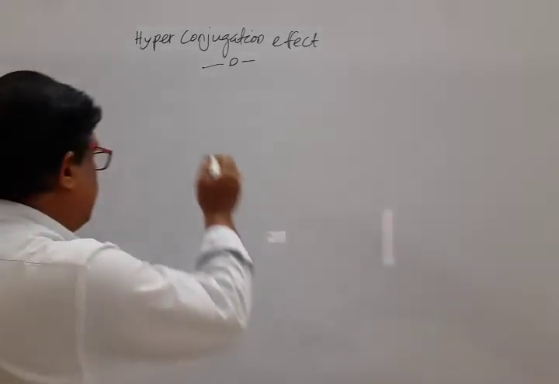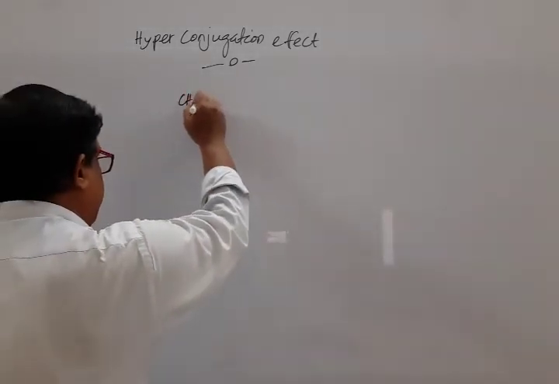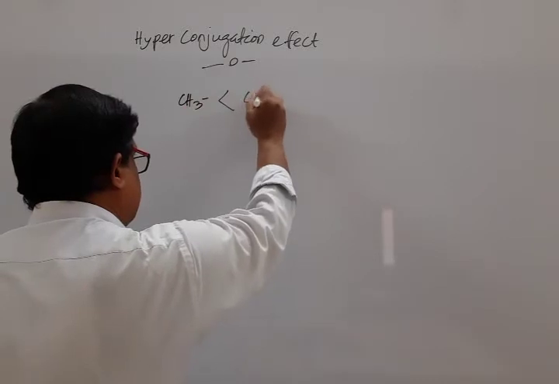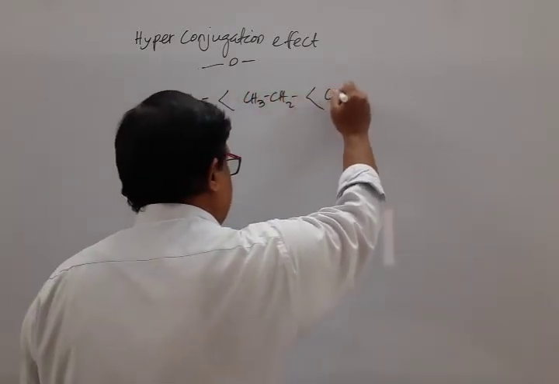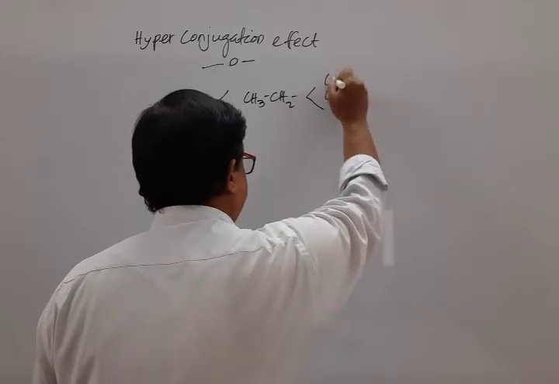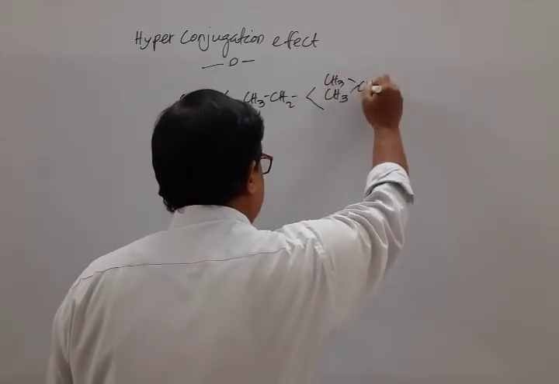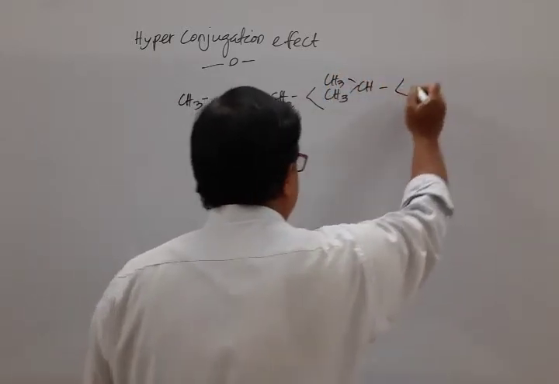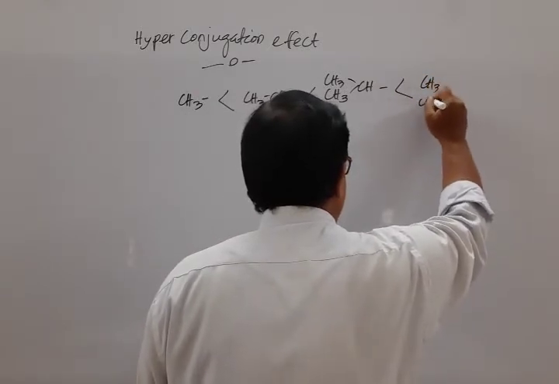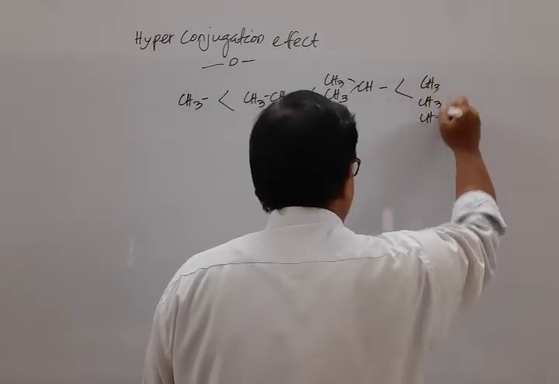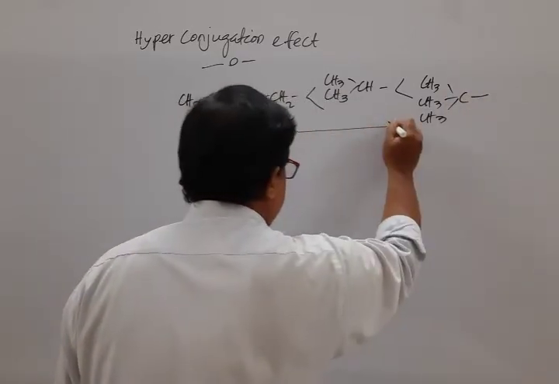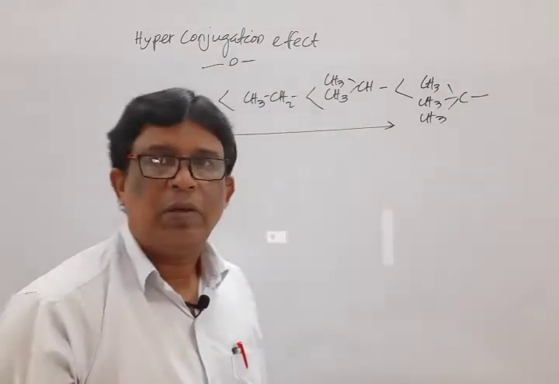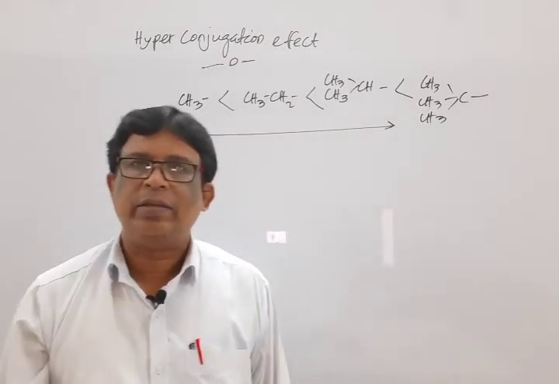In this effect, reactivity increases as the alkyl group increases, that is methyl, next ethyl, next isopropyl, next tert-butyl. That means the higher the size of the alkyl group, the higher the reactivity.